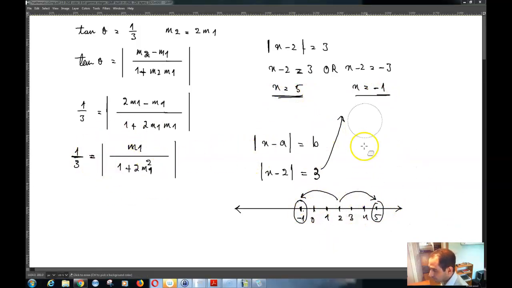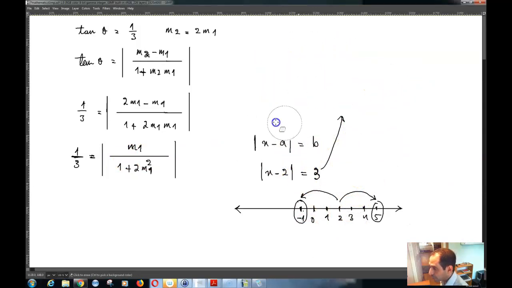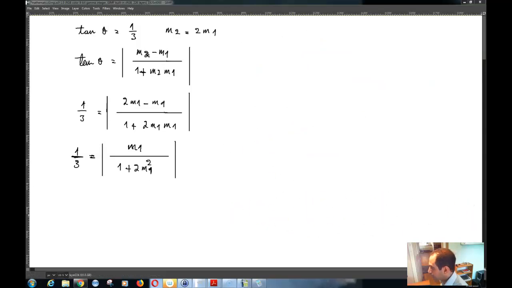Or if you want another example, I can make it a little bit simpler. Let's say I say the absolute value of x is equal to 3.